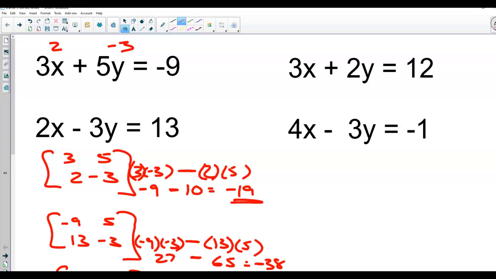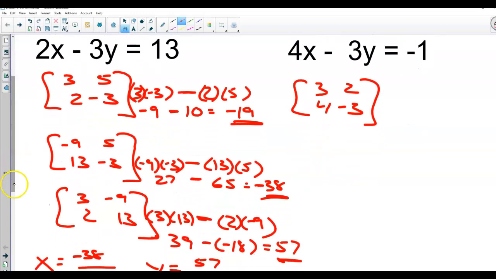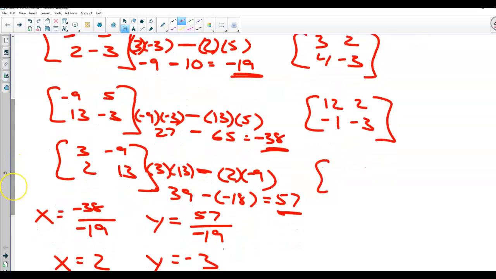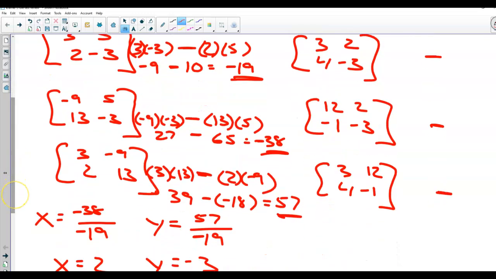The second one. We have 3, 2, 4, negative 3 is my rows. I'm going to replace the 3, 4 with 12, negative 1. Then I need to replace the column 2, negative 3 with 12, negative 1. I'm a fan of putting that minus sign down first.